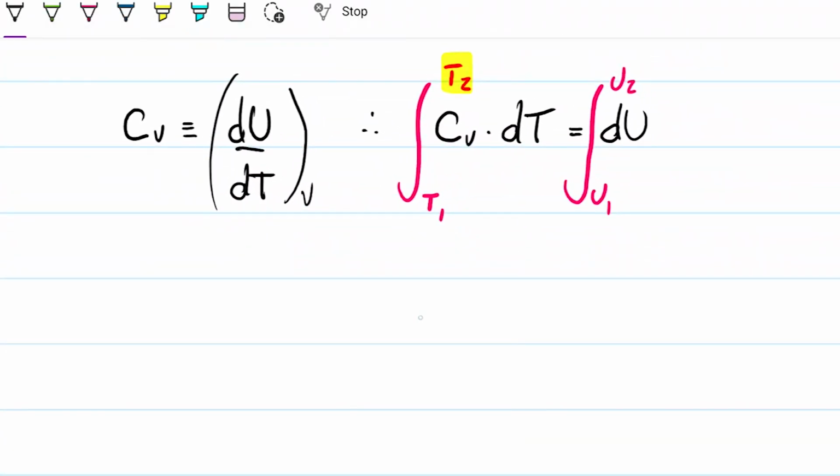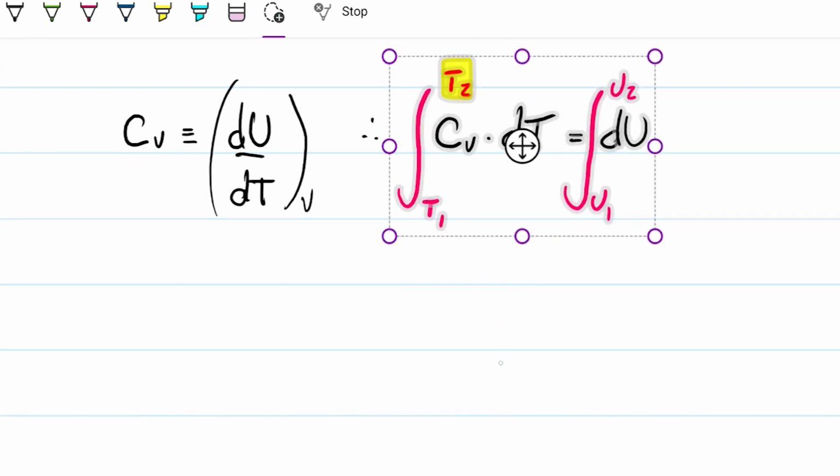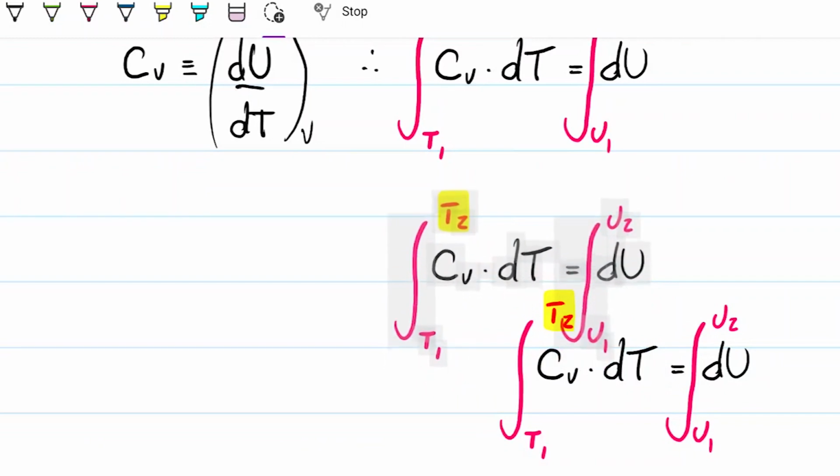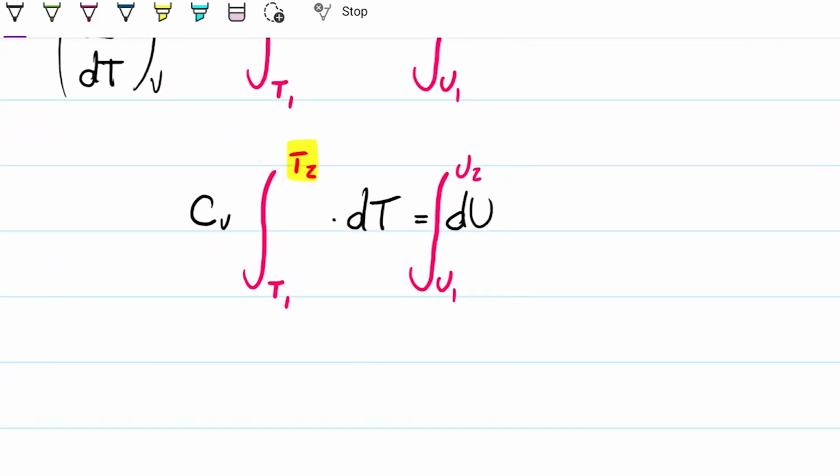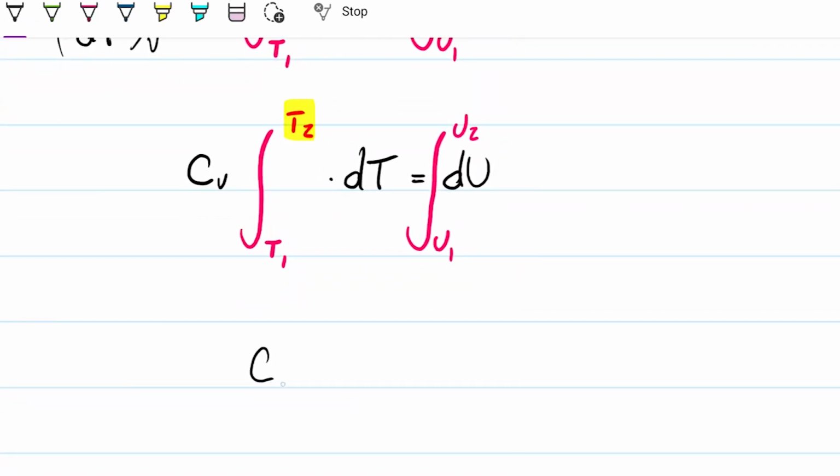So effectively, what I'm doing is grabbing this guy, saying it's constant, therefore it can come out of the integral, and what I end up with by doing this integral is C sub V times delta T, T2 minus T1, and over here U2 minus U1, which is delta U. Right, delta U we happen to know, this we happen to know, and this we happen to know.